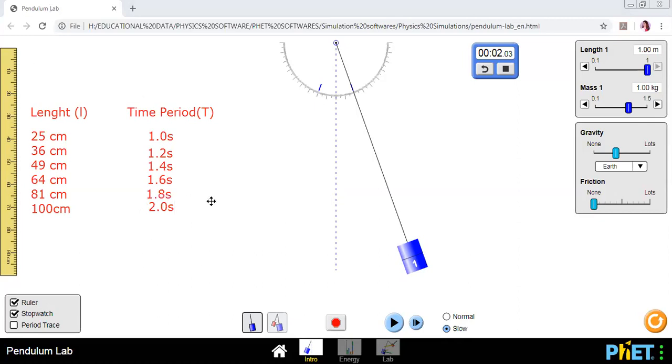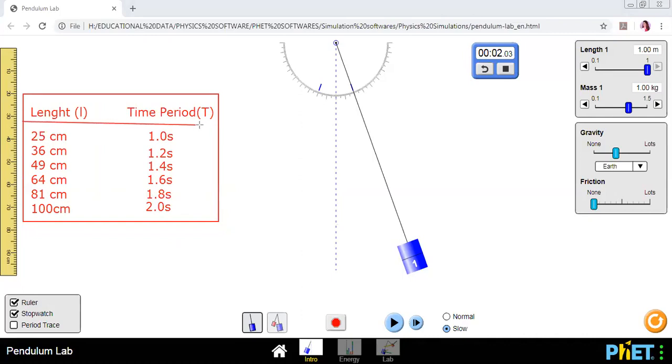So class, now this table gives us some very important information. Look at this table. This is our table which is giving us all very important information about the length of the pendulum and the time period. Please draw this table.